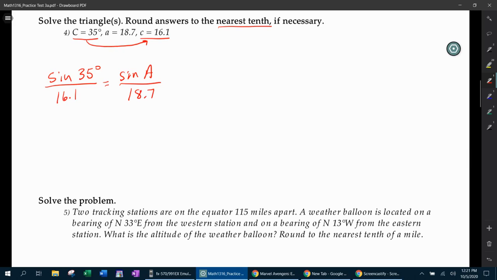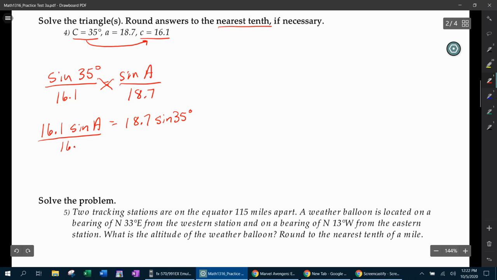And then this time we're looking for angle A. So we're going to do a little cross multiply. We've got 16.1 sine of A, 18.7 sine 35. I need to divide both sides by 16.1.